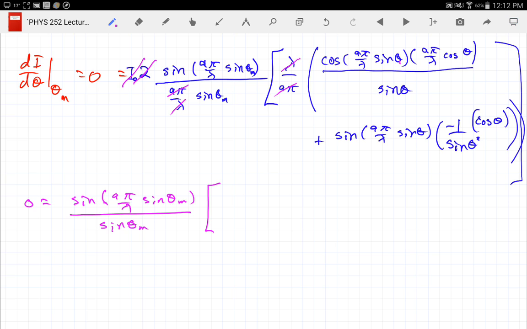I forgot to put M's everywhere. Why did you cancel a pi over lambda and lambda over a pi? Because I just divided it all out. Okay, I divide both sides by I0, and so 0 divided by I0 is still 0.